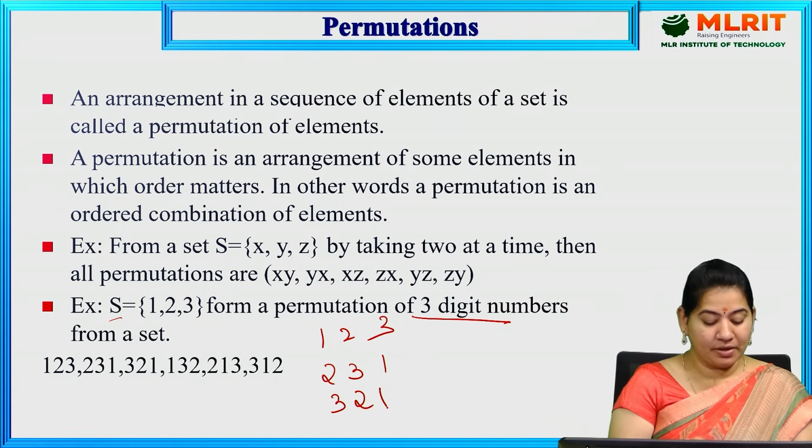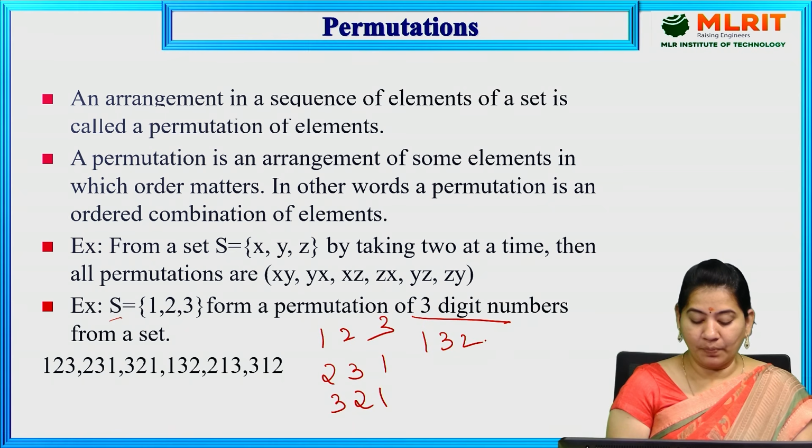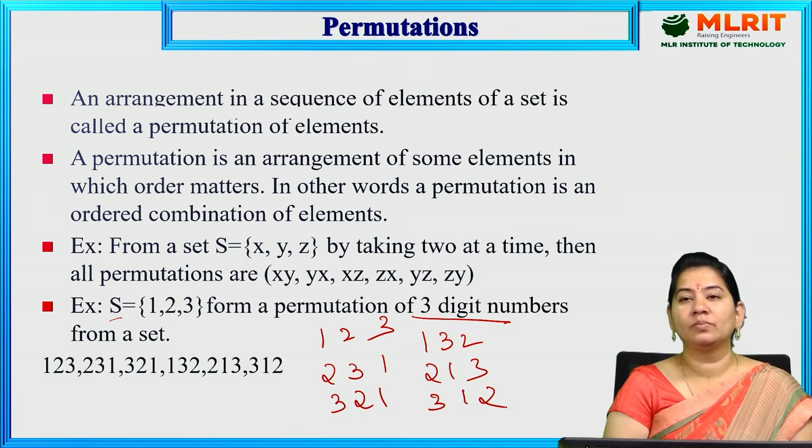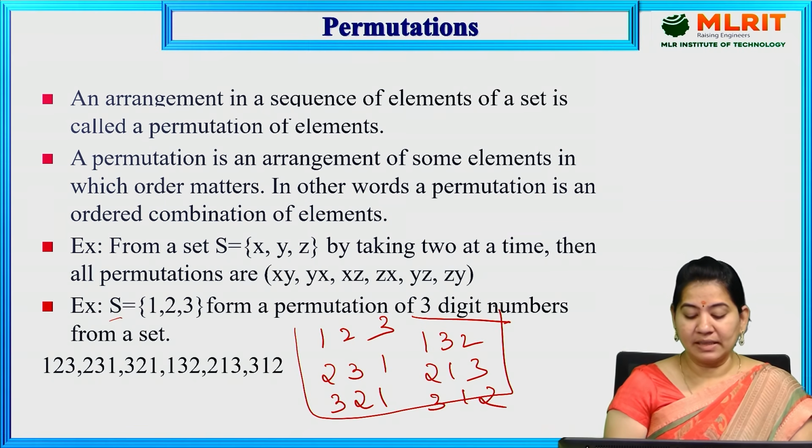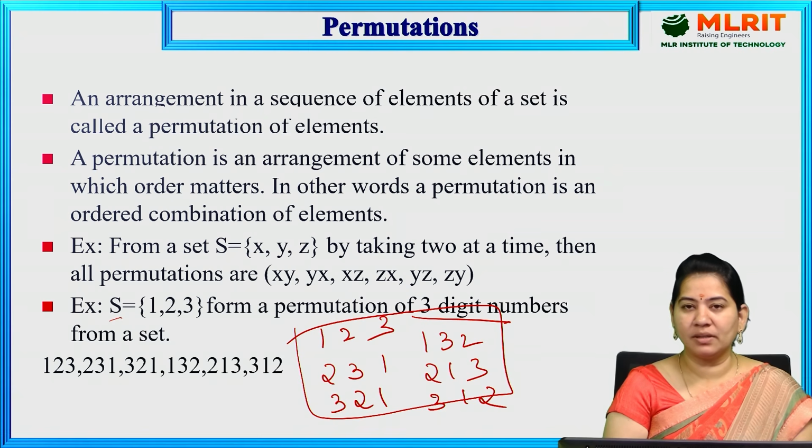In the same way 1, 3, 2, and 2, 1, 3, and 3, 1, 2. So there are 6 possible ways to arrange these 3-digit numbers, 3 at a time, from the numbers 1, 2, 3.